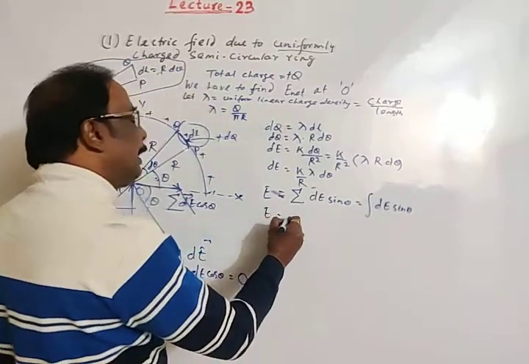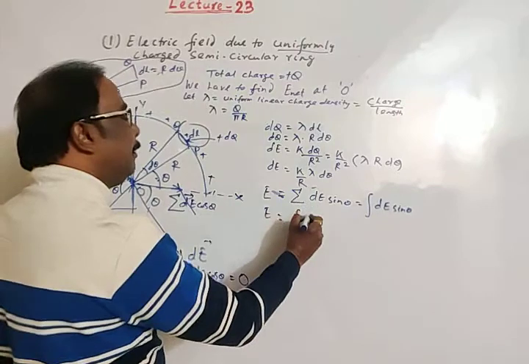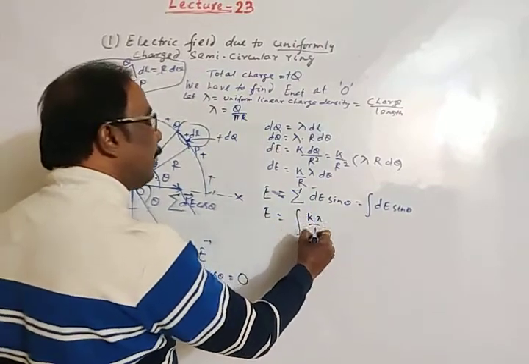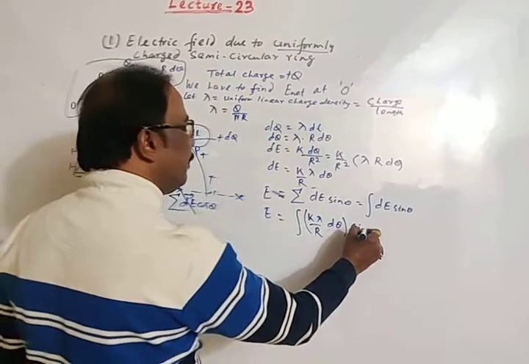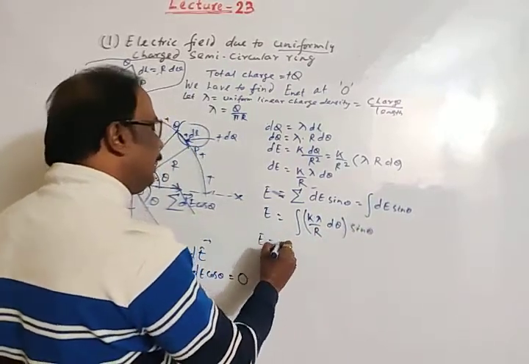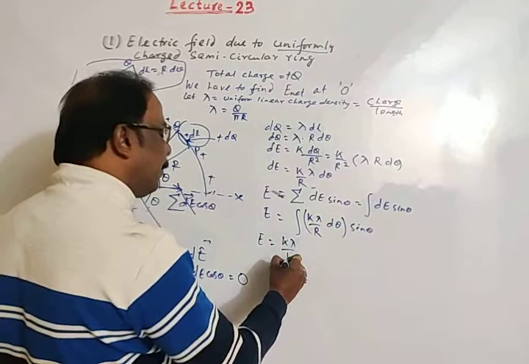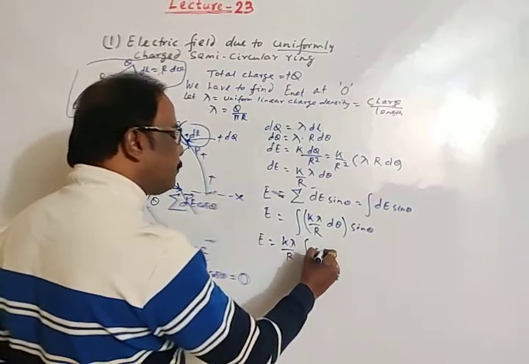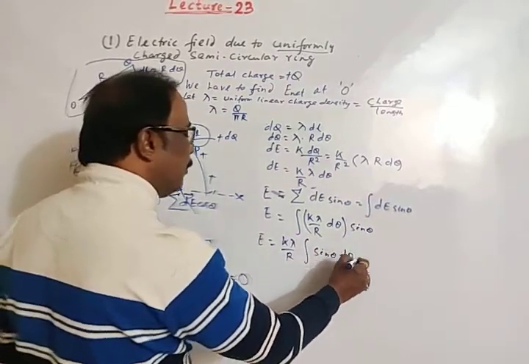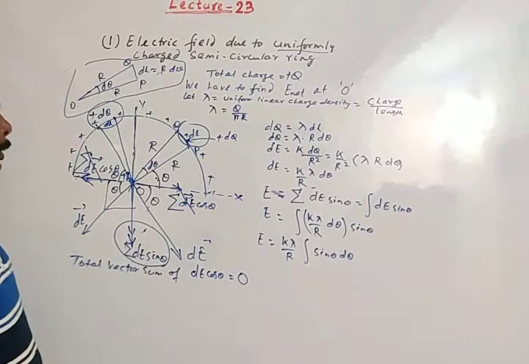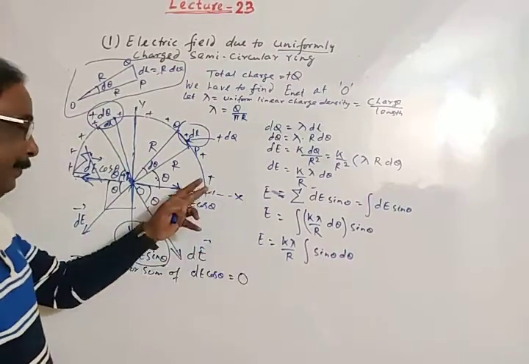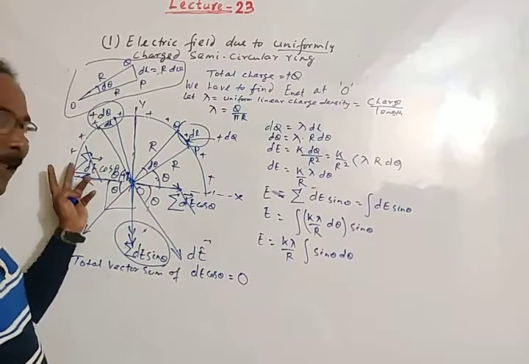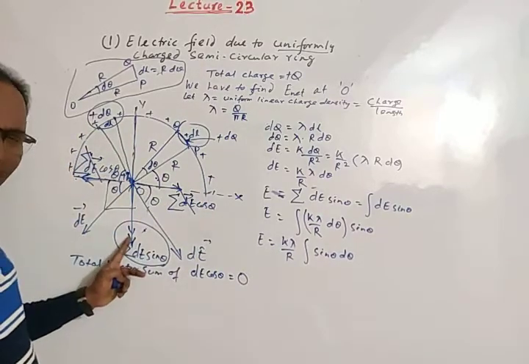So resulting electric field is integration of k lambda by r into d theta into sin theta. Then resulting electric field is k lambda by r integration of sin theta d theta. So this is electric field due to total semicircular ring, which is along y-axis.